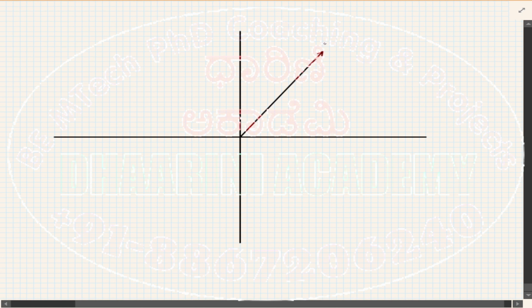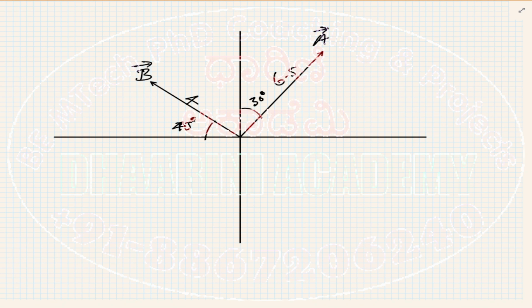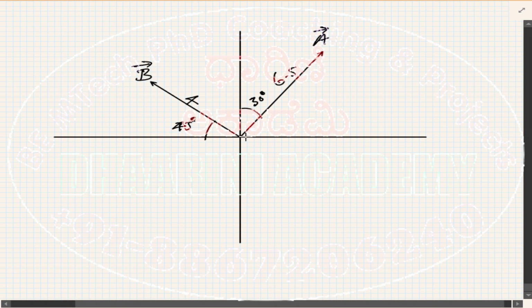Vector number 1, vector A, magnitude 6.5, angle 30 degrees. Next, this is vector B. This is 4 at an angle of 45 degrees.